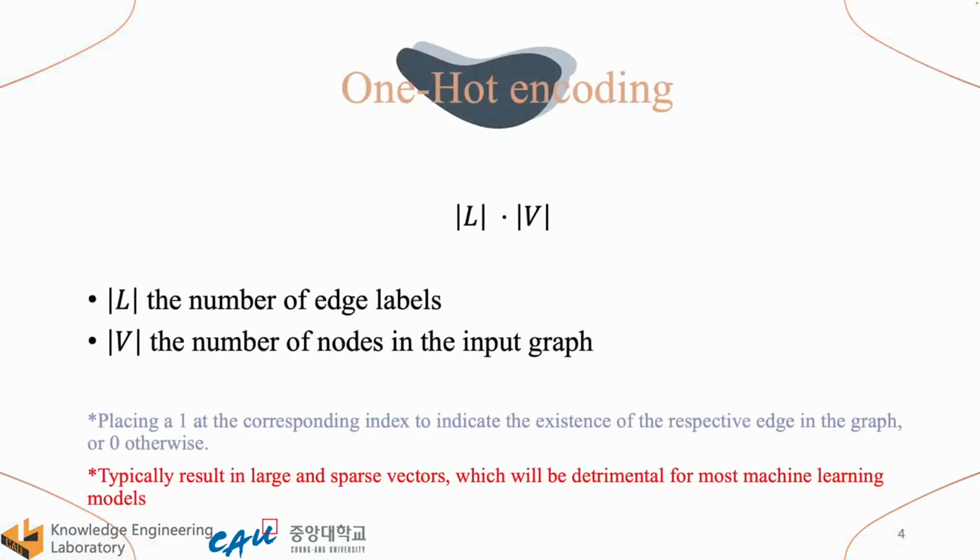One way is using one-hot encoding, where this is the number of edge labels, and this is the number of nodes in the input graph, and then placing a 1 at the corresponding index to indicate the existence of the respective edge in the graph, or 0 otherwise. But this typically results in large and sparse vectors, which will be detrimental for most machine learning models.